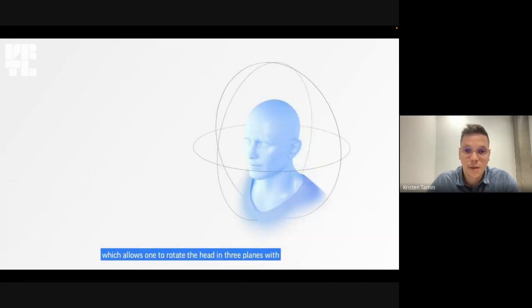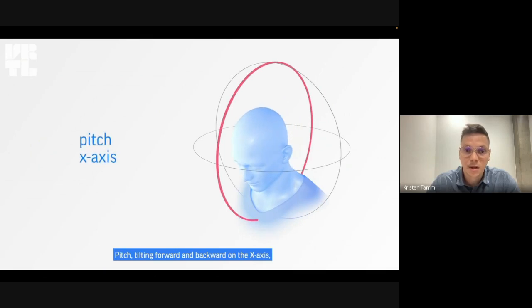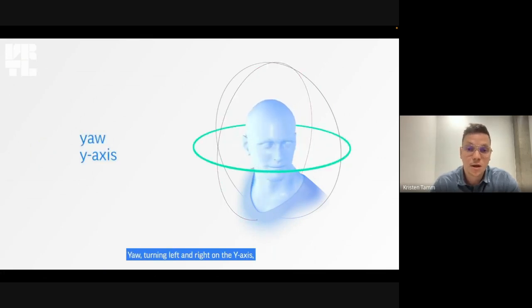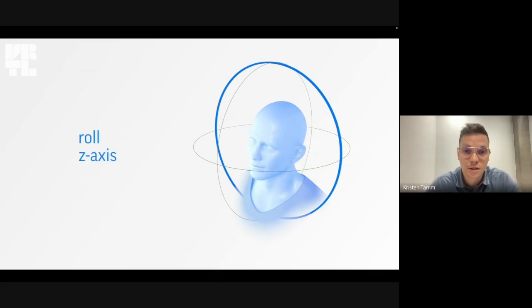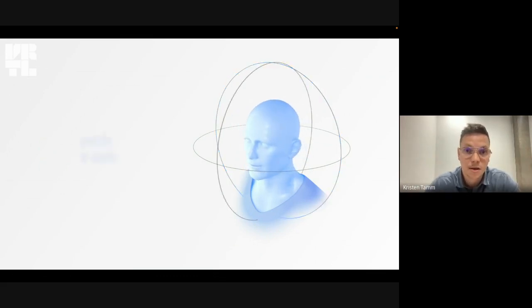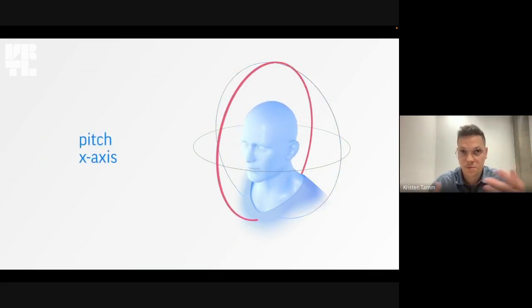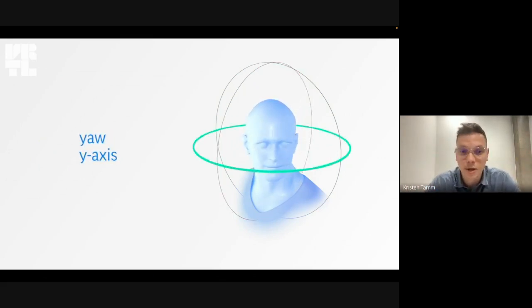In 3 degrees of freedom, you can basically look around. You can't move, but you can turn your head, and the virtual experience, or your image, changes based on where you look.